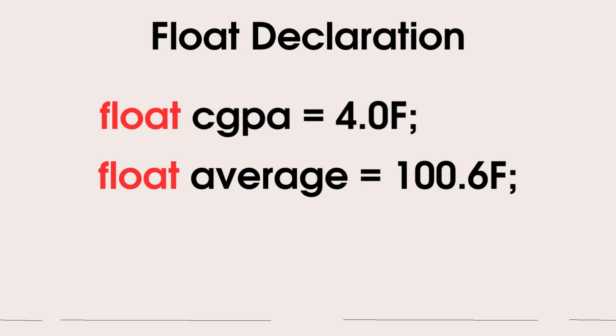So that's it right there. Float CGPA. Yeah, exactly. And then let's call another float. I could say average, and it can be 100.6, and then close it. So something like that. This is how to declare floats.